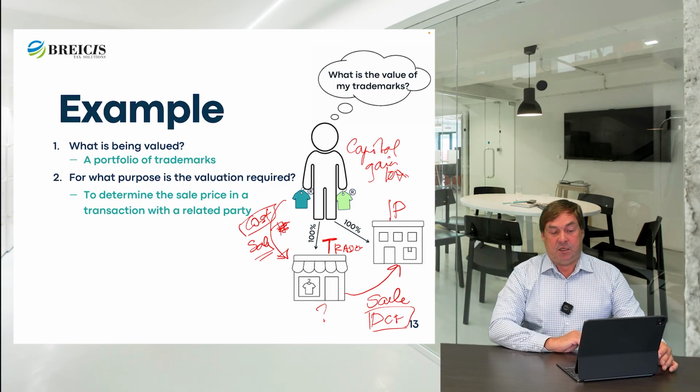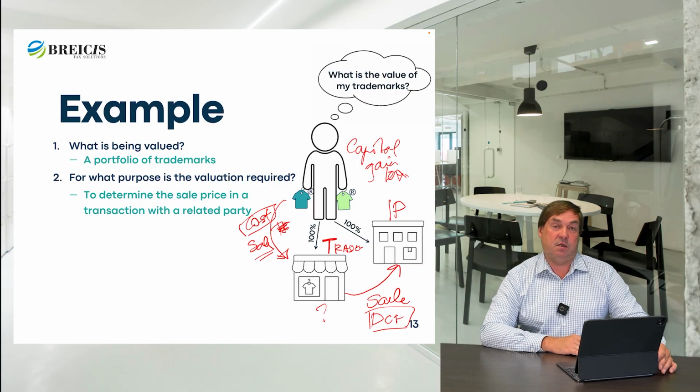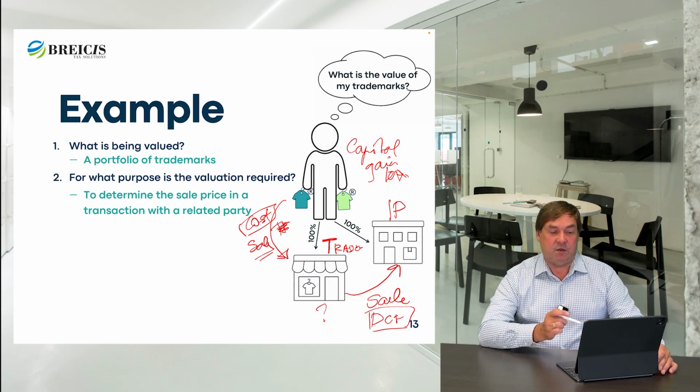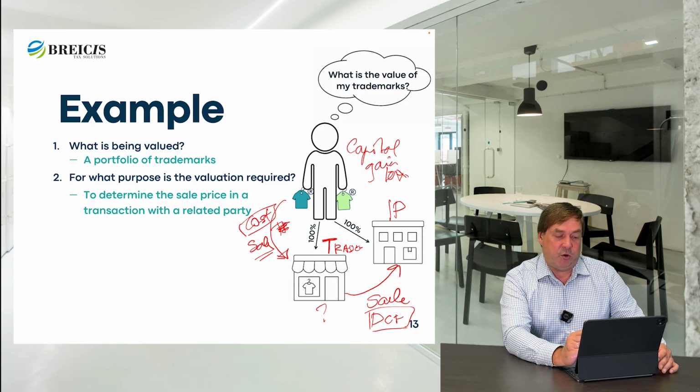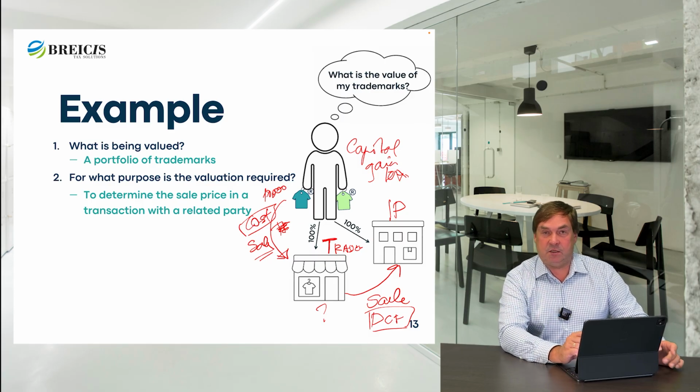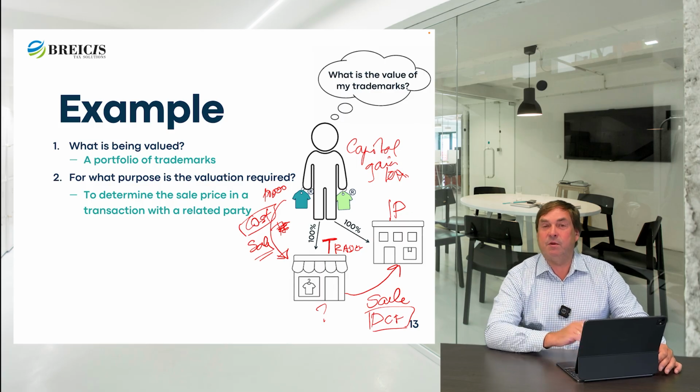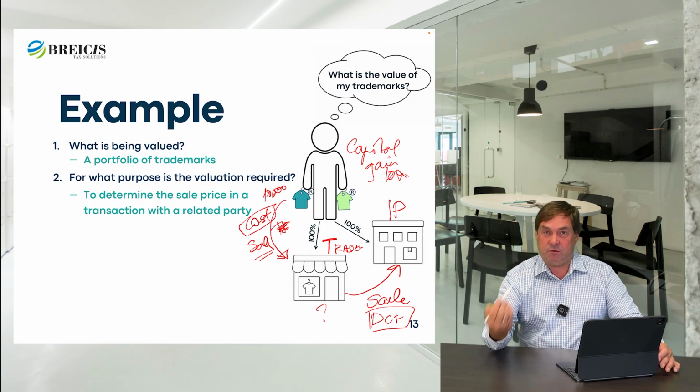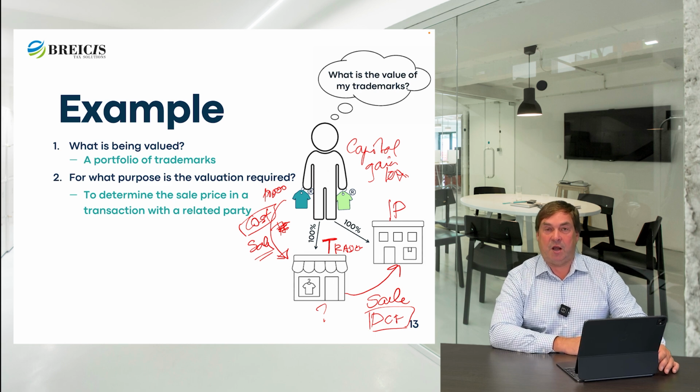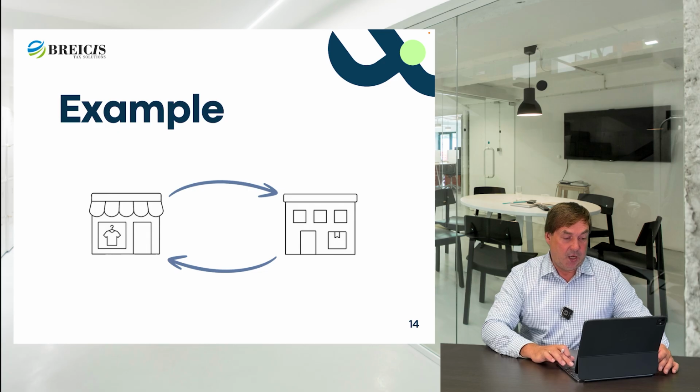This is because we already know that trademarks are generating an income stream, and we cannot just say, okay, we bought it, let's say at 10,000, and now we are generating millions of income, and we will sell at those 10,000. We have to find the fair value or arm's length value of this trademark.